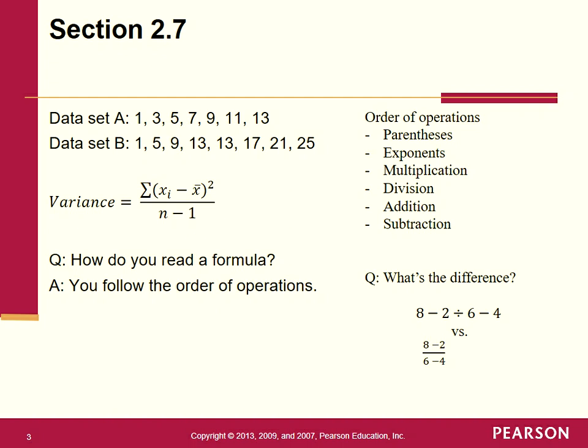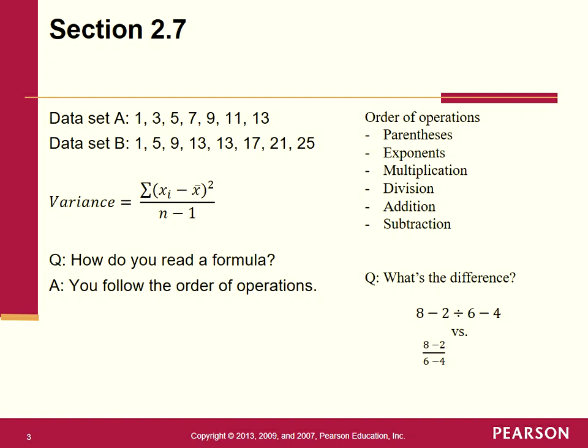Maybe some math teachers haven't made this obvious over the years, but when you have a division sign that goes straight across, a line like we have here, we have to do everything in the numerator and everything in the denominator, and then do the division in the end.